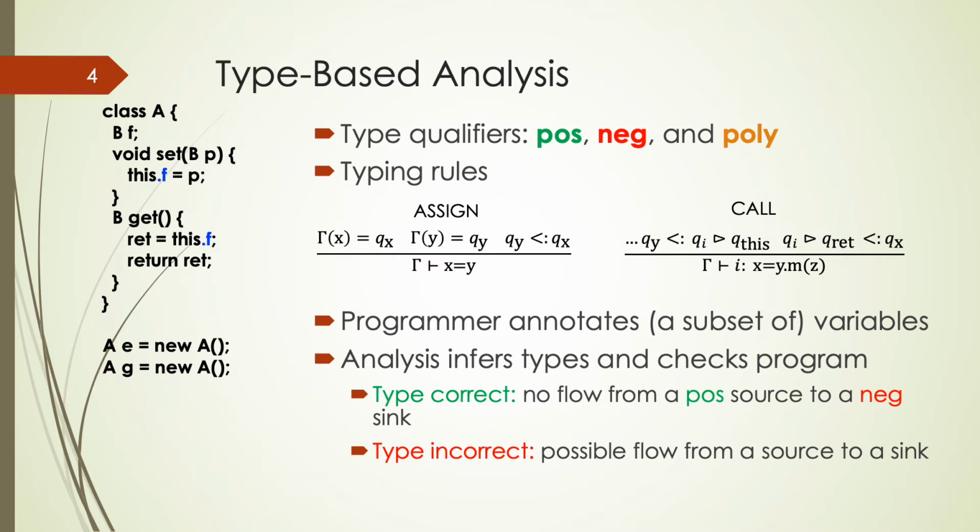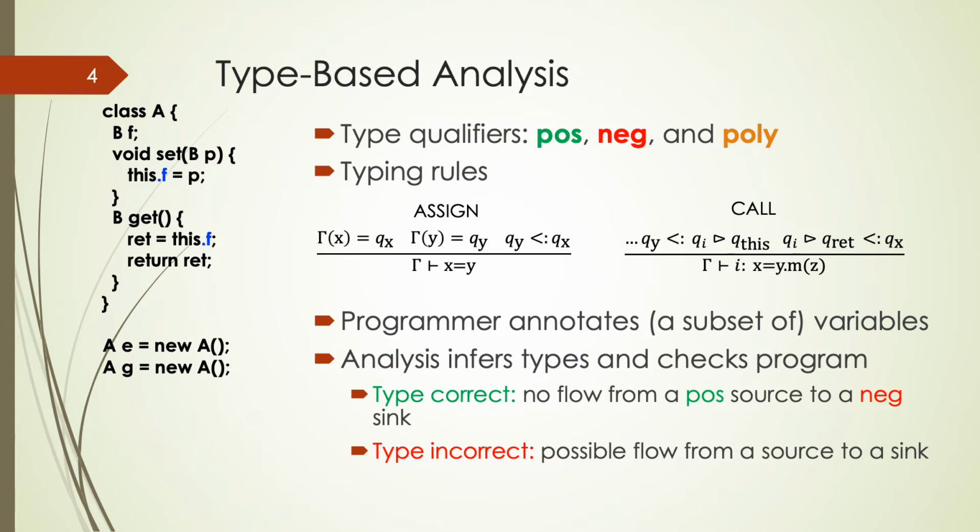So type-based analysis is seemingly very different. It makes use of type qualifiers, pos, neg, and poly, and typing rules that specify the reachability semantics. Pos is the positive qualifier, neg is the negative one, and poly is the polymorphic qualifier.